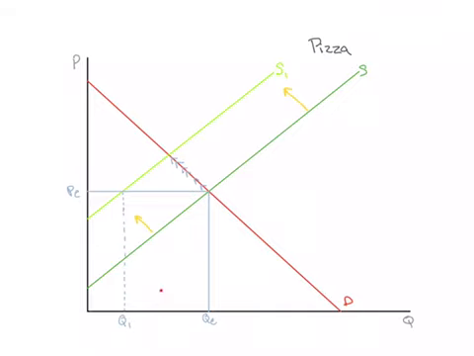In other words, they're only going to make this if they can get a higher price for it, because now it costs more to make, so they want to have a higher price to cover their costs and still make a profit. In any case, this is the supply curve shift to the left.